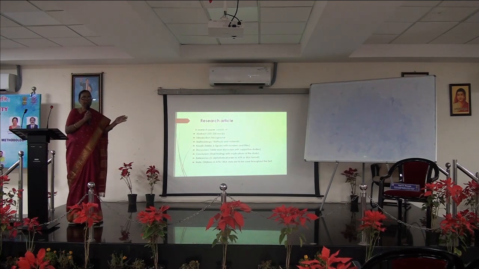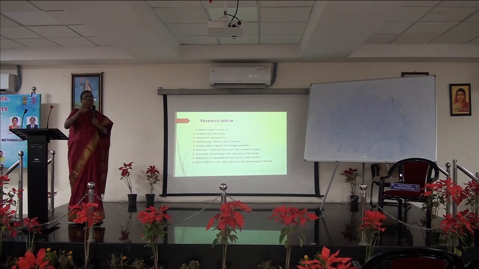Arabic numbers only are used for tables, that is 1, 2, 3, not Roman letters. When you write tables, some people write differently. Table 1. Some people write table No. 1.